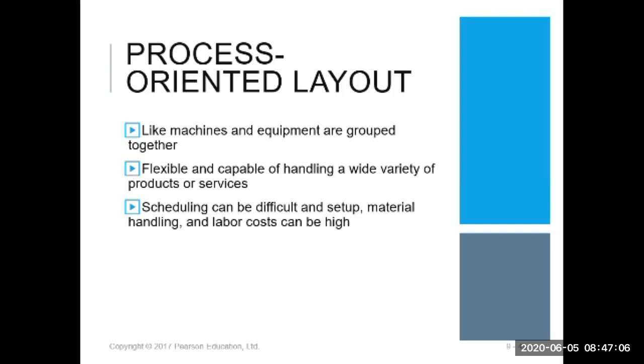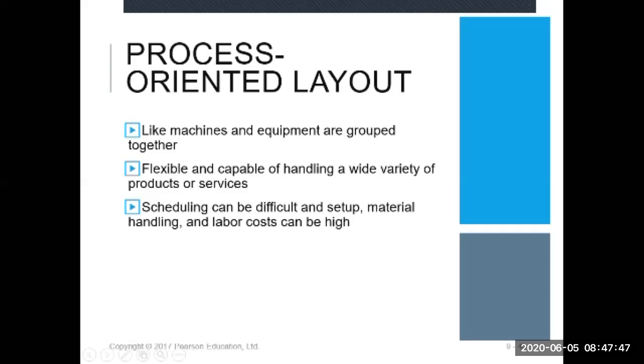Also, how to handle the material for different product variations is a challenge. And the cost of labor is quite high, because the labor has to handle flexible machines, which means they need high skills and you have to train these workers. So the labor cost is a little bit higher compared to the next layout we will see.